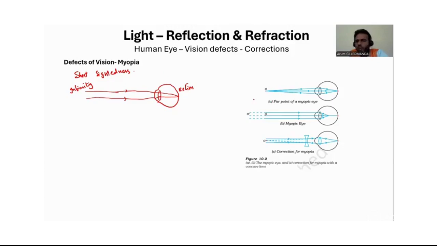If we have myopia, the first diagram shows the far point of the myopic eye. So what is this far point? Here, this is the object, right? If you want to see this object, the light rays enter and form onto the retina. What happens if I have my object somewhere here?